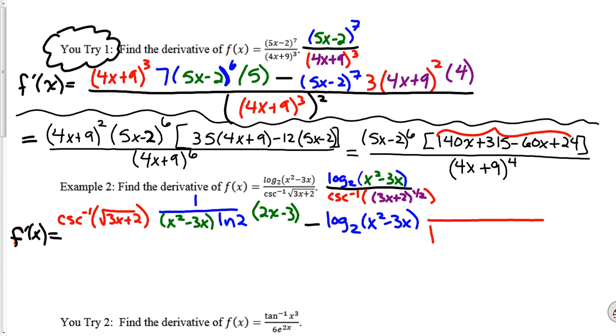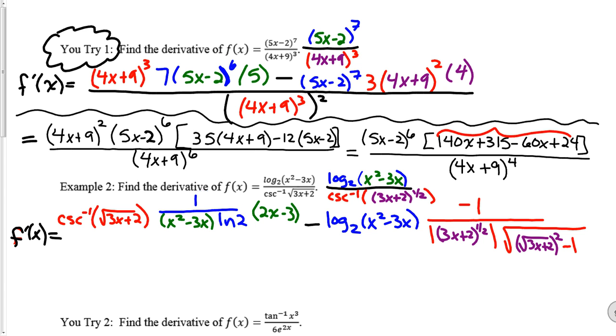The absolute value of my 3x plus 2 to the 1/2 times the square root, I'm out of room, the square root of 3x plus 2, that whole thing is going to be squared, and then I subtract 1, and again this is a 1 on top, and this was a cosecant, so that's actually a negative 1 on top.